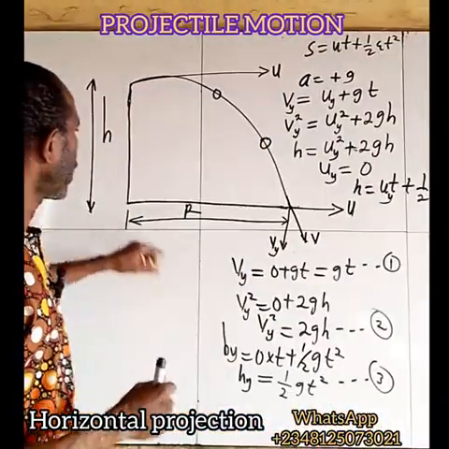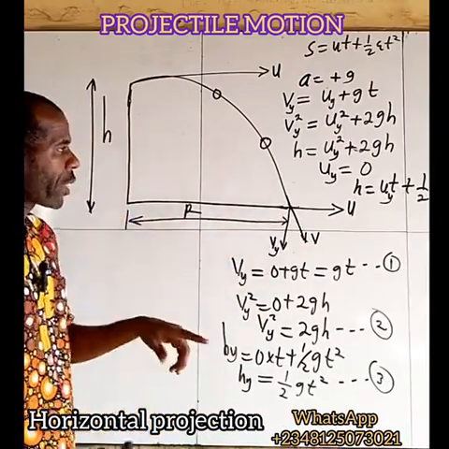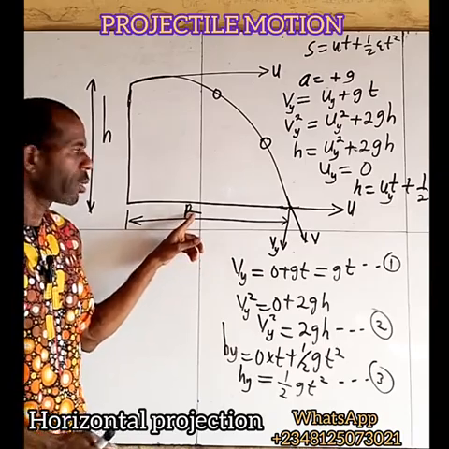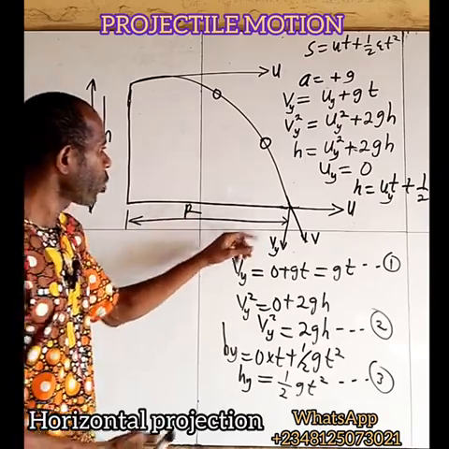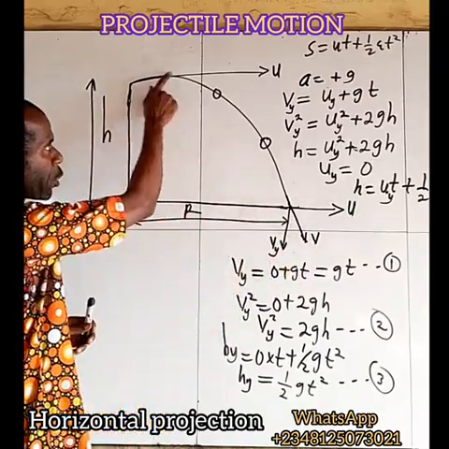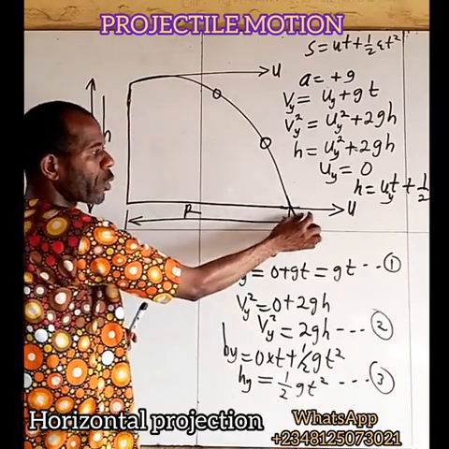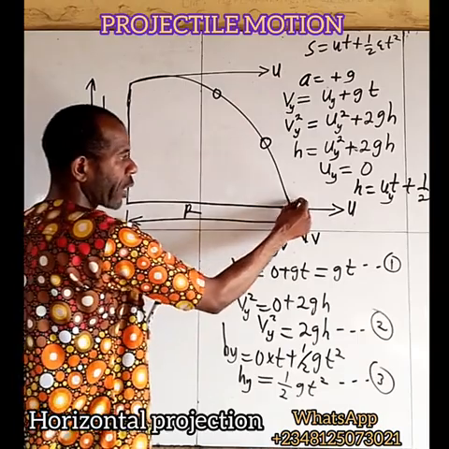To cover this range from this point down to the landing point, we say r equals the horizontal velocity multiplied by the time of flight. That is the time it takes to move from the point of projection down to the landing point.